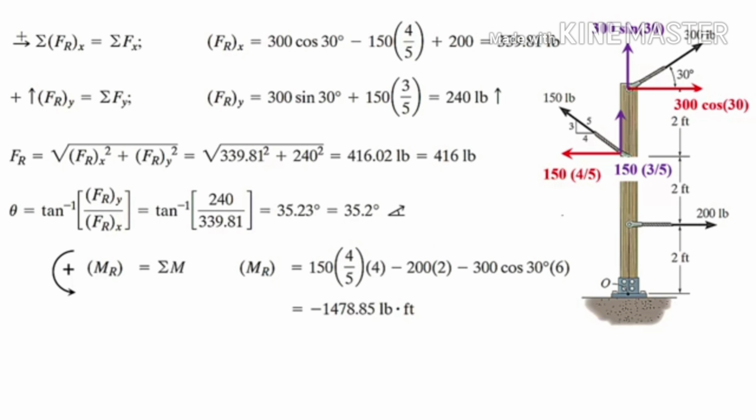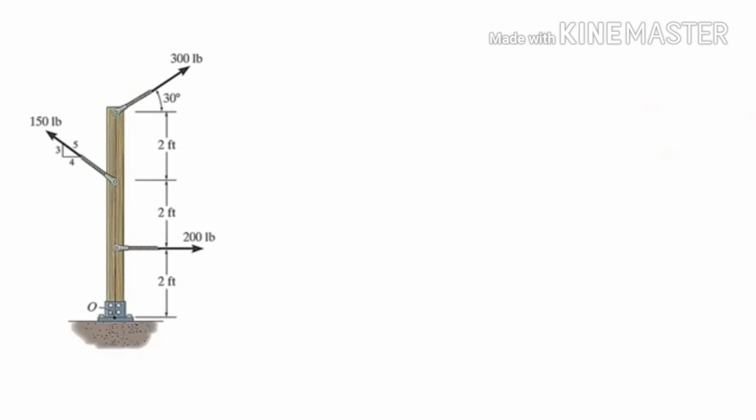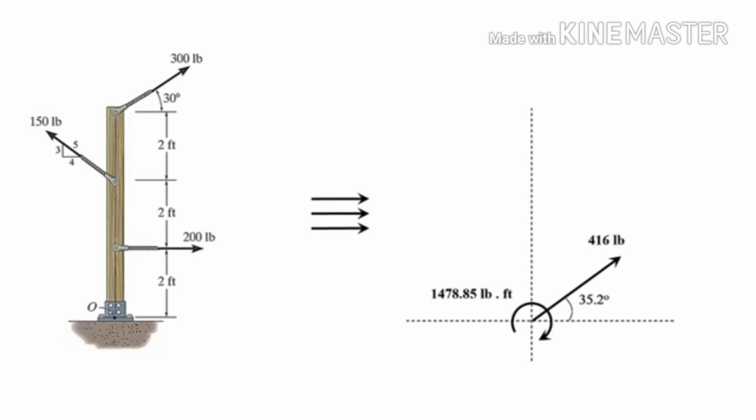And if I sum them up, I will have negative 1,478.85 pound-feet. So what I did is I transferred this system with all its forces into this system with a single force and a single concentrated moment at the point that I specified at the beginning of the question.